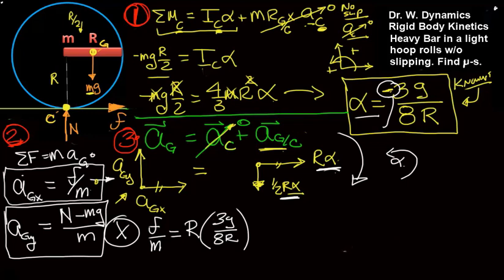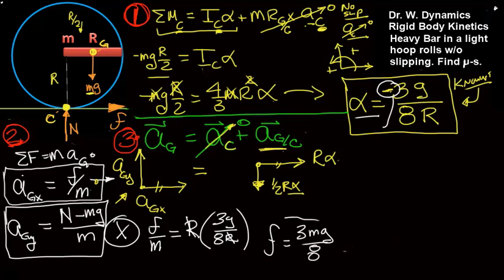And then when we plug it in later, it will turn negative and fix itself. But we chose to do it directly. So we don't need the negative down here. We've already addressed it in this portion of the problem. From here, the r's drop out, and we find that the friction force F will be 3mg on 8.